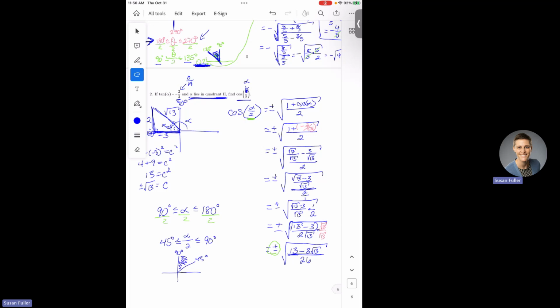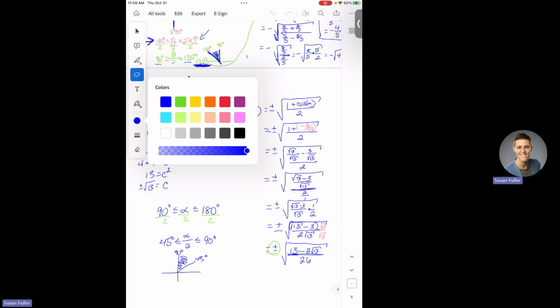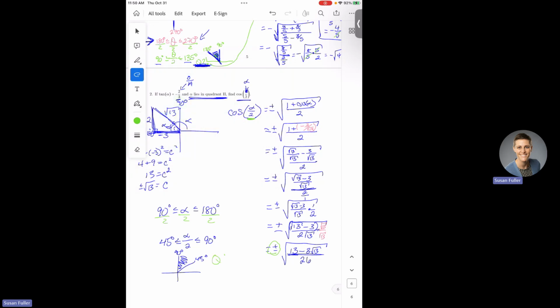I'm in here somewhere, which means alpha over 2 is in quadrant 1. In quadrant 1, cosine is positive, so this is going to be positive. Square root of 13 minus 3 root 13 all over 26, and that is your final answer.